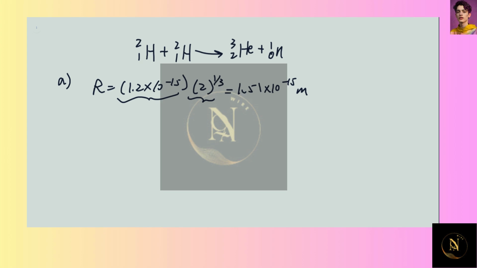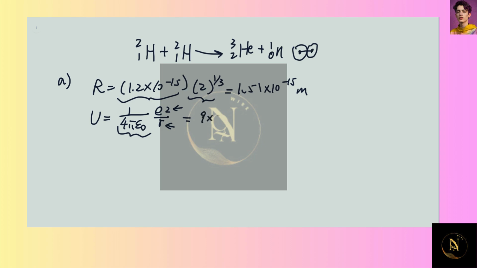So the electrostatic energy is going to be 1 over 4 pi epsilon naught times e squared over r. This is just a constant. This is the electron charge, 1.6 times 10 to the negative 19, and the radius we found. I use 2 radii because when they touch, they are 2 radii apart.